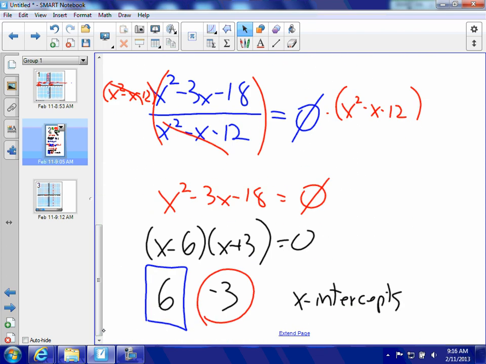So I found my vertical asymptote at 4. Now I need to find a horizontal or oblique asymptote. Well, going over to my function again, I see that my function is improper. But it's just regular improper. It's not really improper, and it's not extremely improper. It's just regular improper.